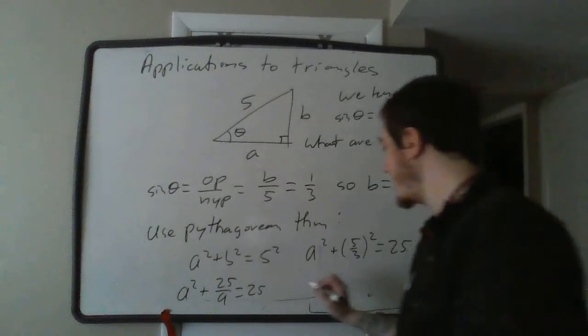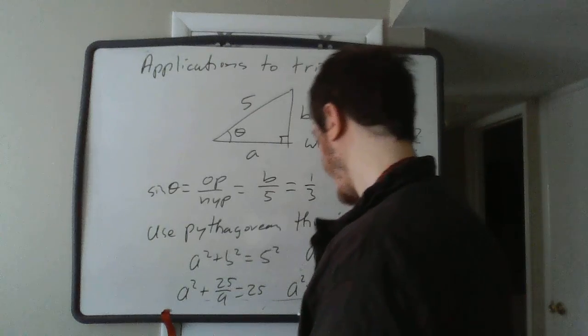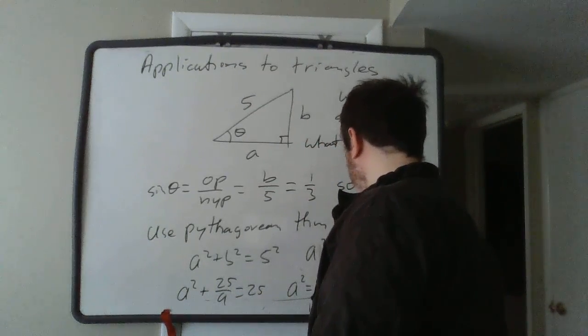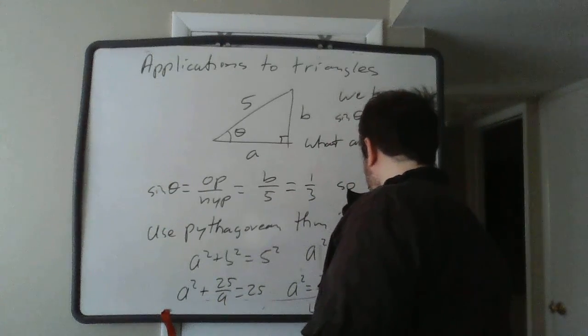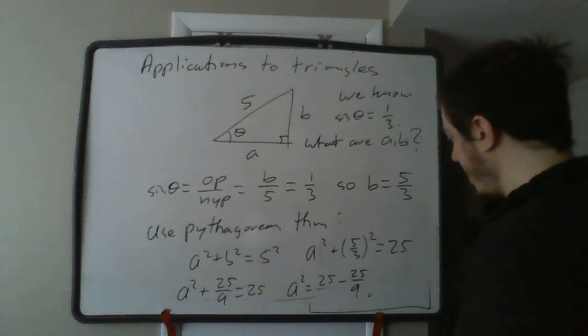And let's see, this is going to give me a squared is equal to 25 minus 25 over 9. And I'm running out of room here, but let's see.